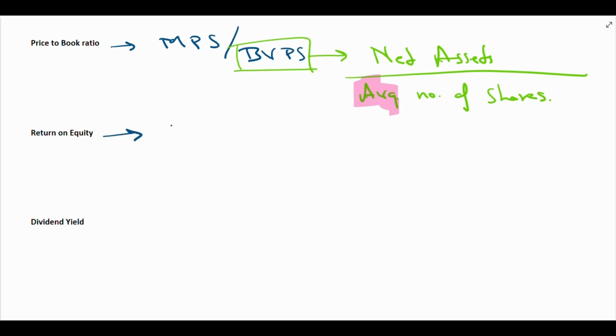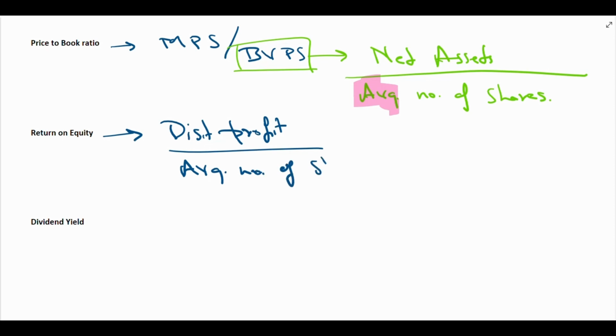So this will be my distributable profit divided by the average number of shares. Okay. Now, this tells us for every share how much return the company is giving.